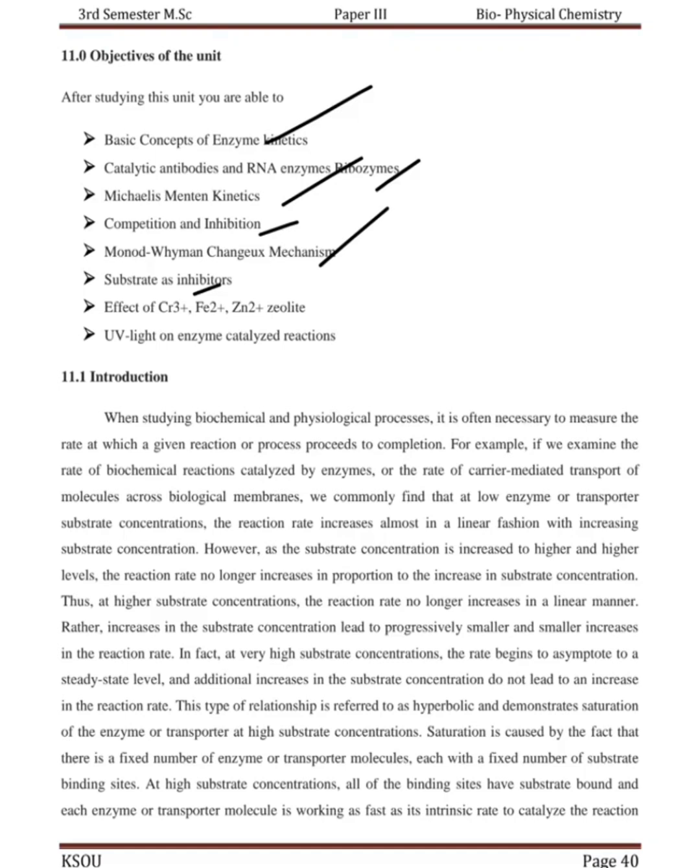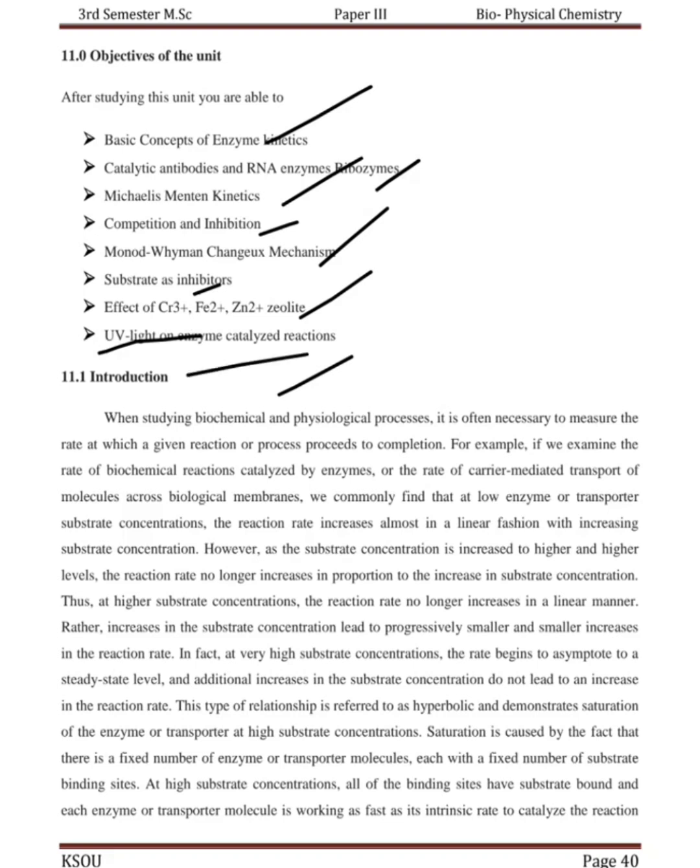The effect of chromium, iron, zinc, zeolite, etc., by adding those catalysts, whether the rate of reaction is increasing or decreasing, we will study. And also, if the reaction is taking place under UV light, what are the changes? Whether the rate of reaction increases or decreases, we are going to study.